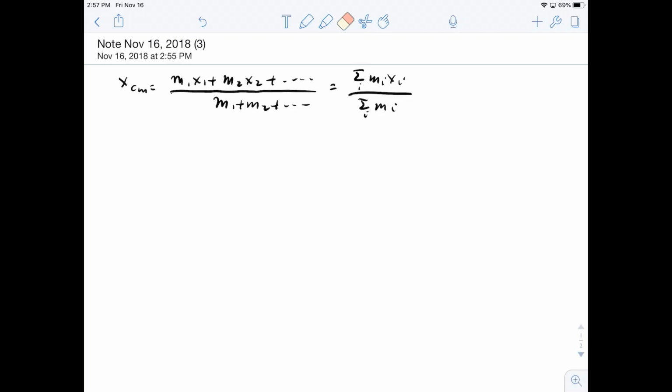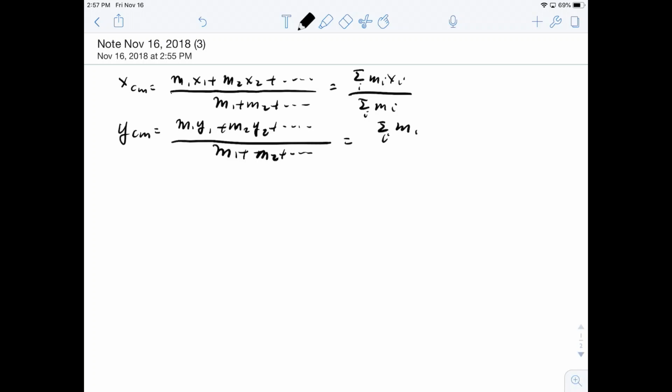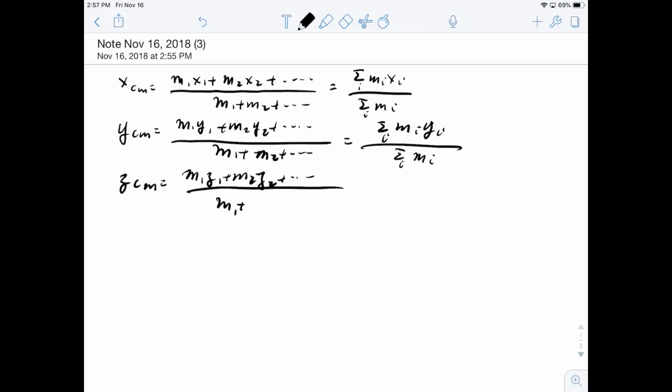And for the y position of the center of mass, that's m1y1 plus m2y2 plus dot dot dot, divided by m1 plus m2 and so on. That gives you the y coordinate of the center of mass. And you also have z, that's m1z1 plus m2z2, and so on. This will give you the z coordinate of the center of mass.